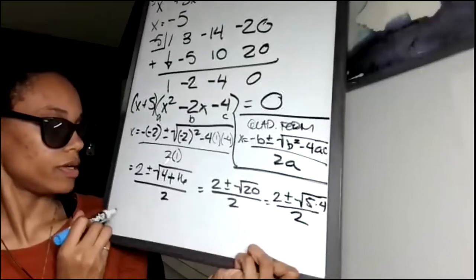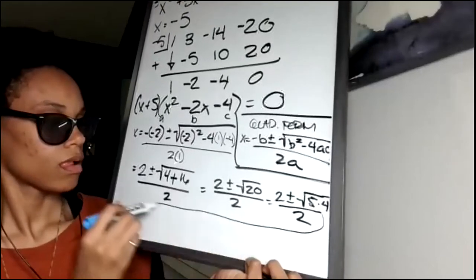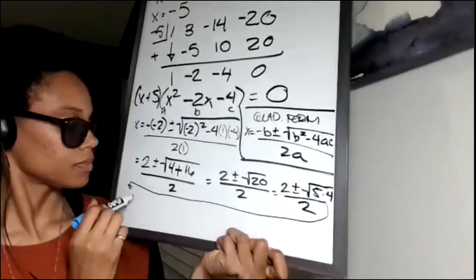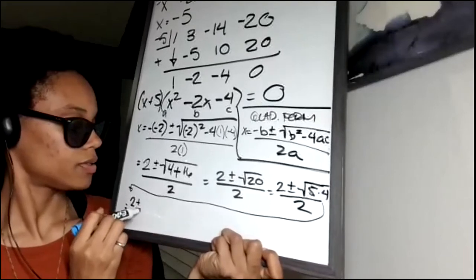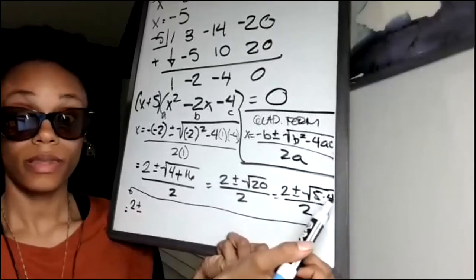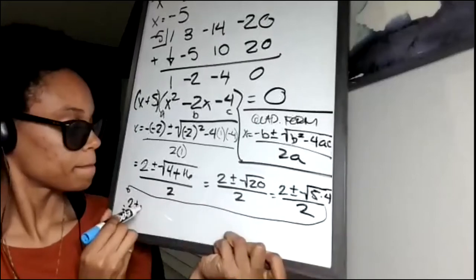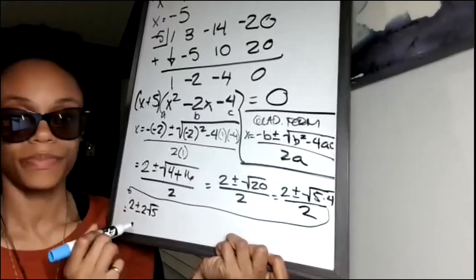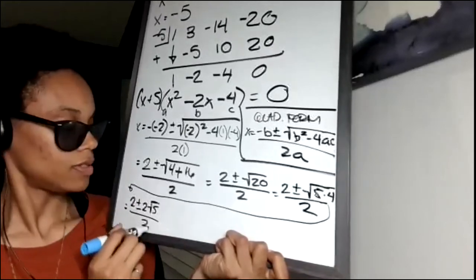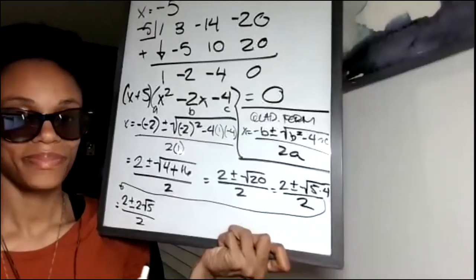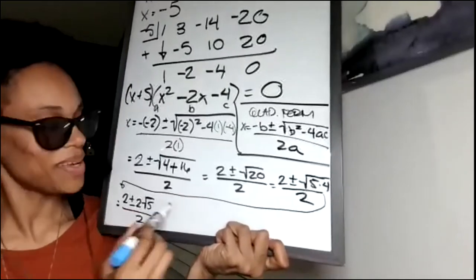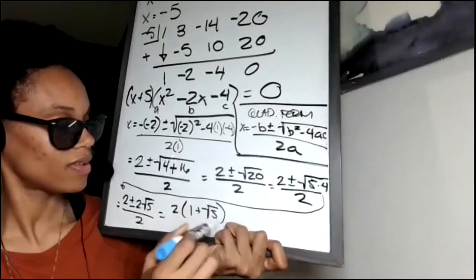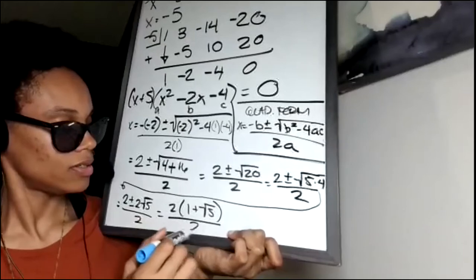All right, let me continue down over here. So now we're at 2 plus or minus. Let's take the square root of the 4. Pull that out, and we're left with root 5 under the radical. All over 2. Okay, we could factor out a 2 from the numerator. 2 times 1 plus root 5 all over 2.